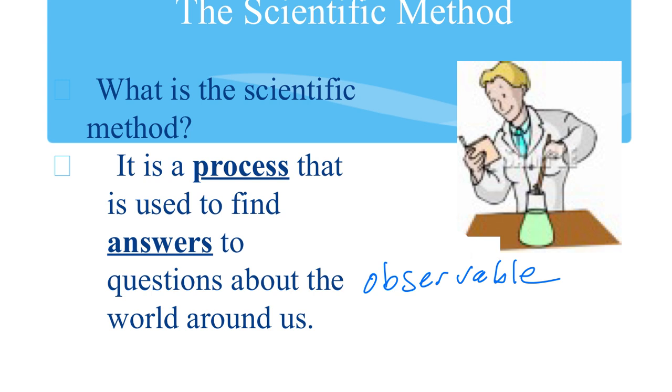Okay, scientific method is a process. It's a step-by-step process. It doesn't have to follow those steps, but usually that's the order that you do problem solving. Okay, the whole process is to find answers to questions about why the world around us works like it does.